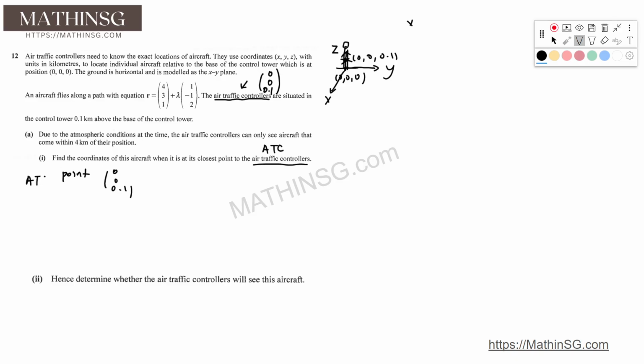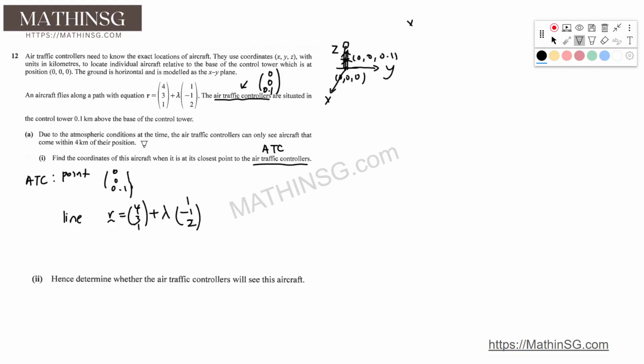The ATC is represented by a point. The aircraft is moving and it follows a flight path, which is given by an equation of a line. So the equation of the line is this. So essentially, what are they asking you? In vectors questions, let's ignore all the problem sum wording. What are they actually asking us?